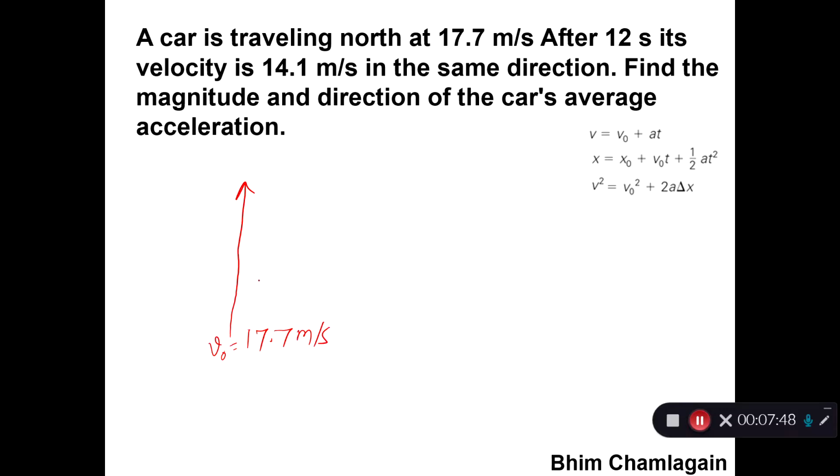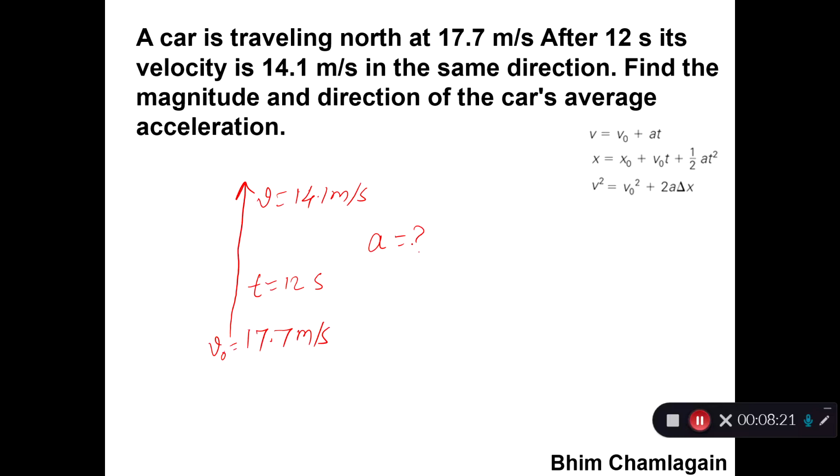After time 12 seconds, the velocity becomes 14.1 meter per second in the same direction. So now you can take both as positive. Now you have to calculate what is the direction of acceleration and what is its magnitude.